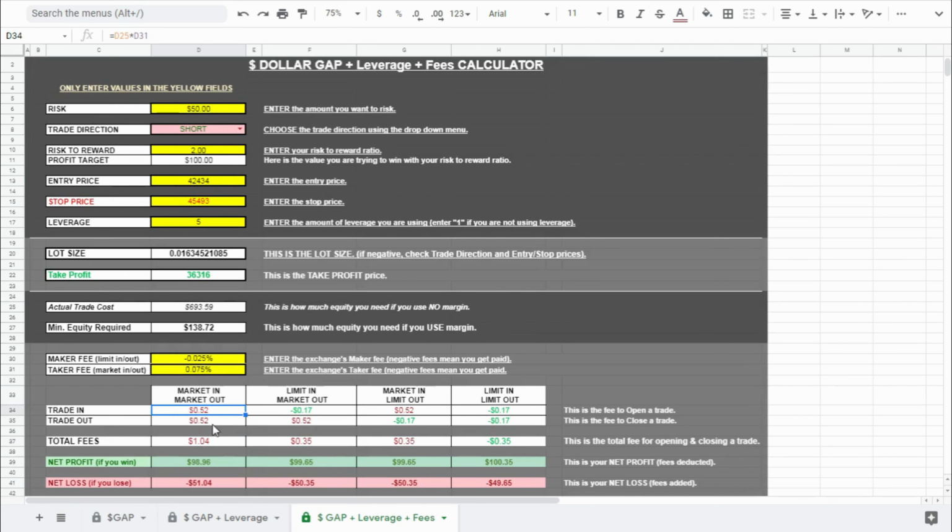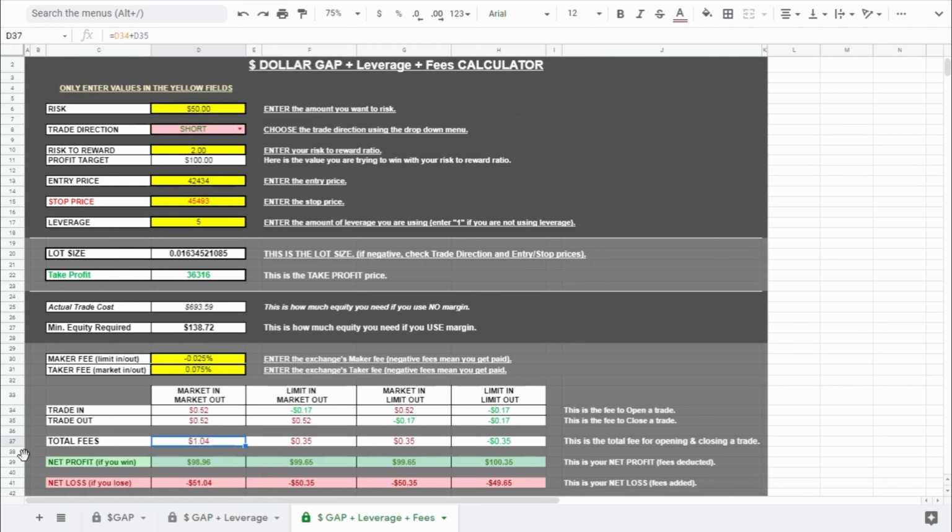If you market out, it costs you 52 cents, because remember, with market orders you're removing liquidity, so you're getting charged a taker fee. That's the most expensive one. Both trades were charged at the taker fee of 0.075%. So therefore, total fees is $1.04.